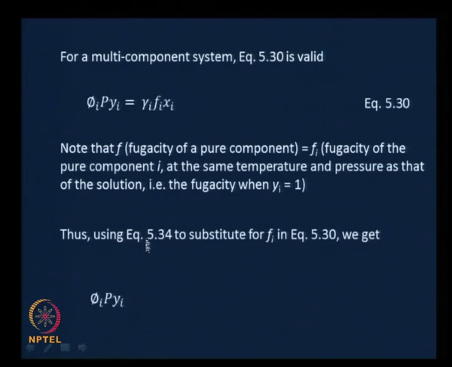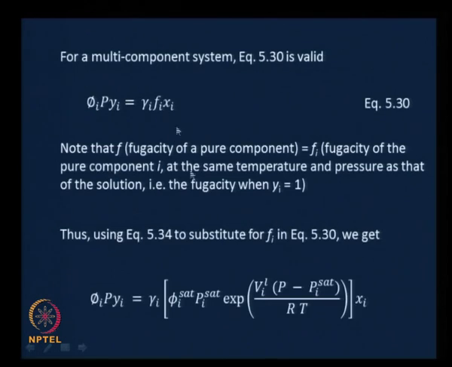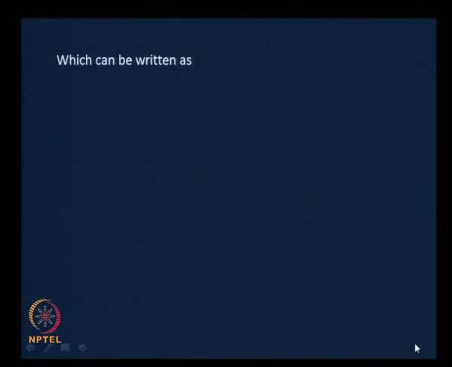And when we used this expression for Fi that we had developed, gamma I into Fi, which is given as phi I sat Pi sat exponential of VIL P minus Pi sat by RT, this is Fi times the mole fraction Xi, and we call this a phi.